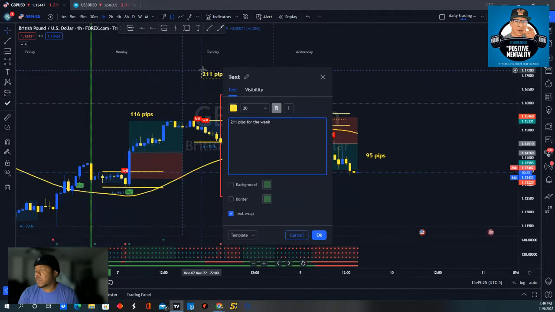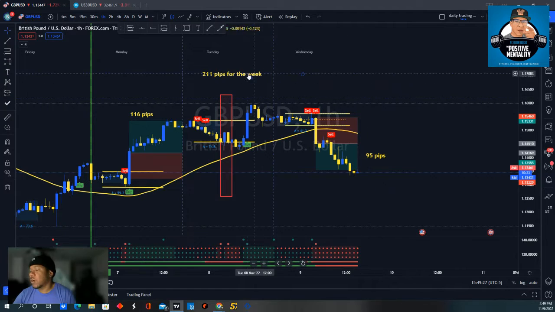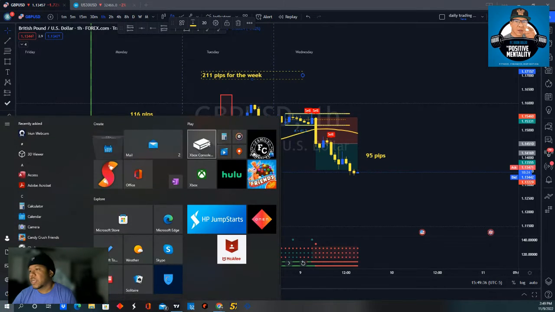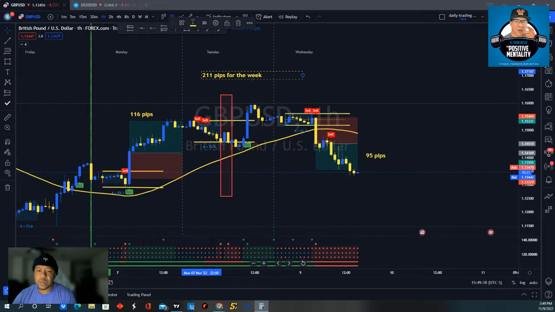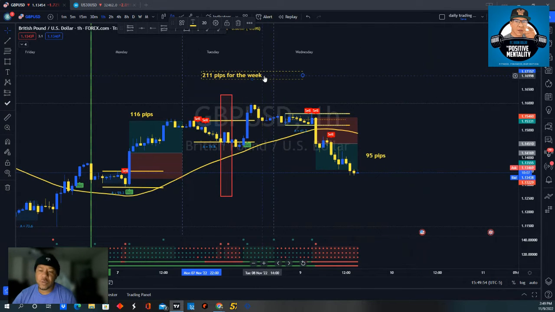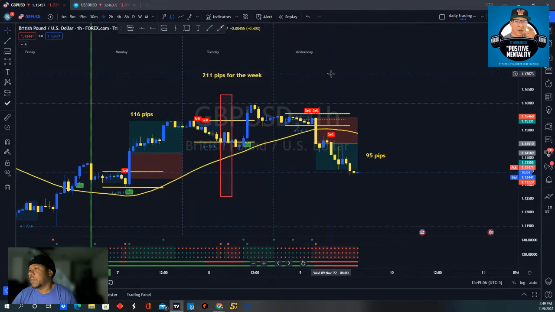Honestly, you don't even have to trade anymore the rest of the week. If you did a one lot, 211 pips, let's bring this up so you can see. You have 211 pips times 10, that's $2,110 for the week. So do you really need to trade any more this week? That's just my opinion.